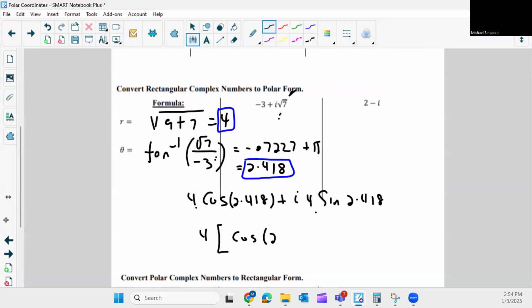So 4 times cosine 2.418 plus i sine 2.418. That is it. That's it in polar form. So you know, it's very similar to real numbers. You just take it one more step. That's it. All right, guys.